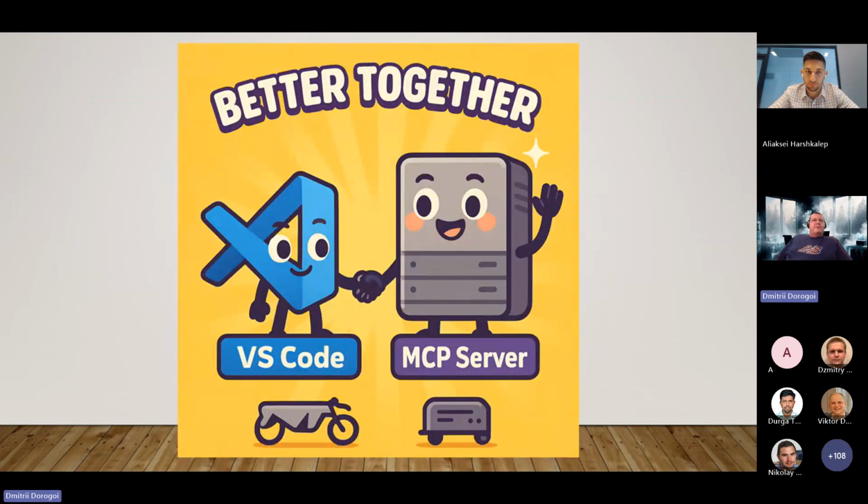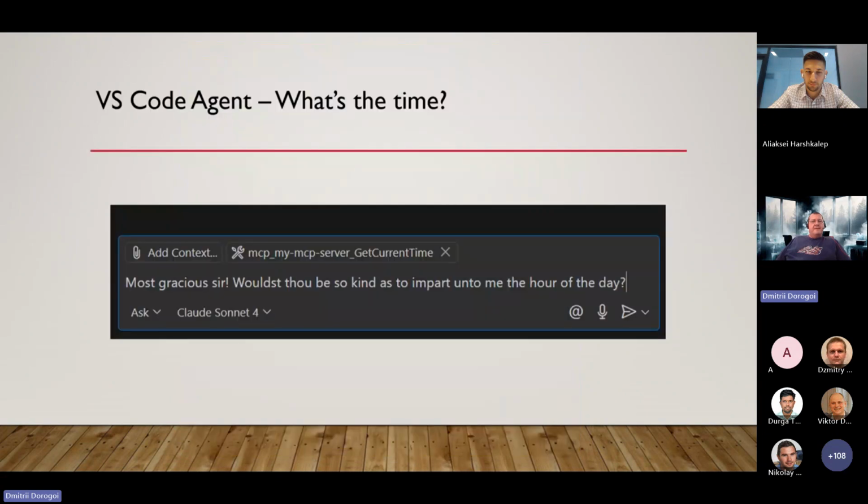How can you experiment with the MCP server you created? The simplest way is to use Visual Studio Code. Let's try the same example I showed you before about the time. Please look at the tool I selected.